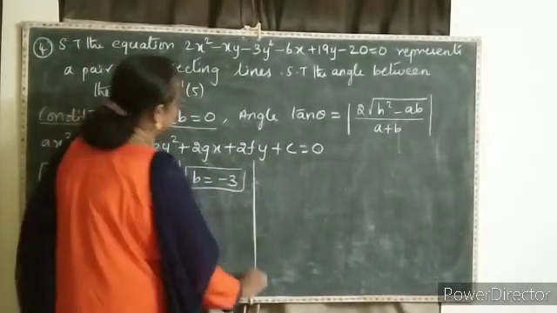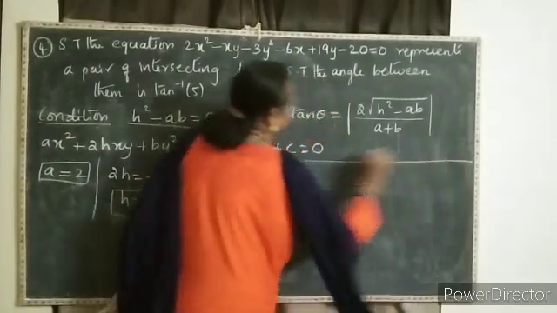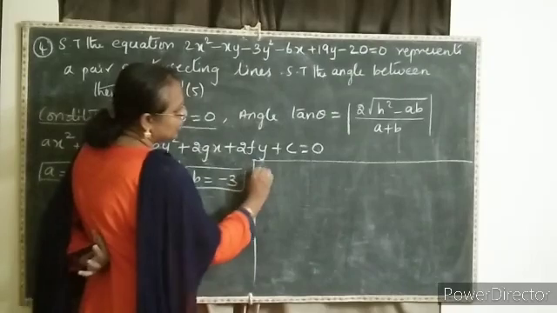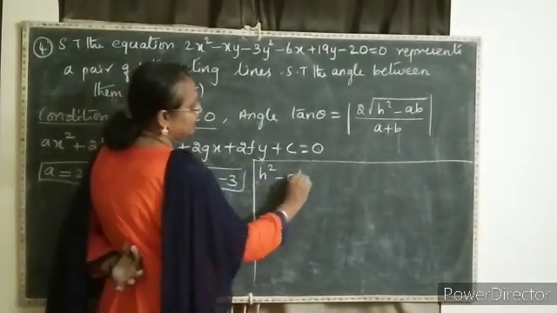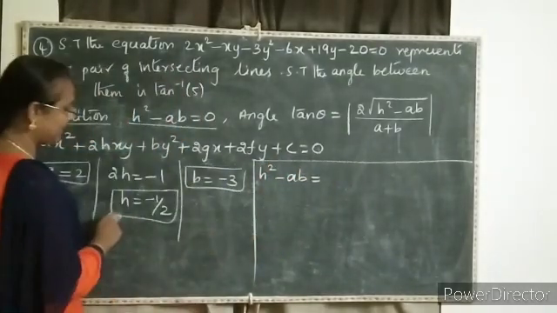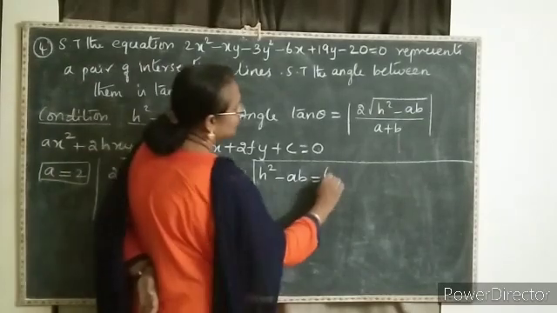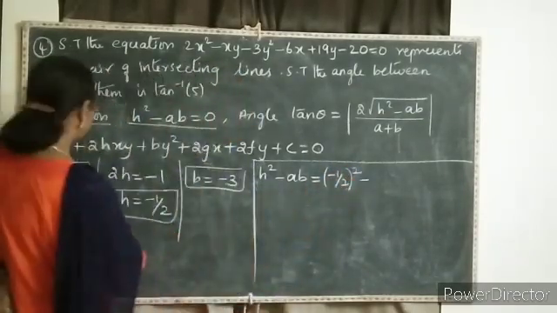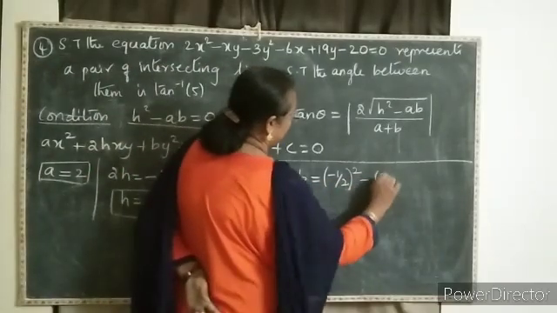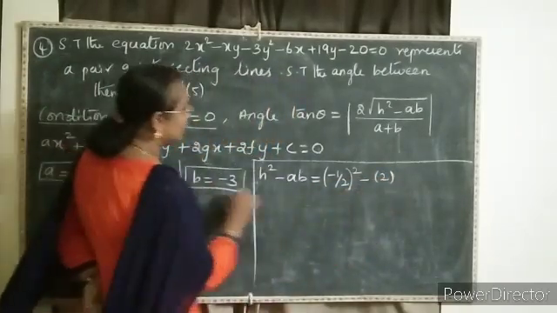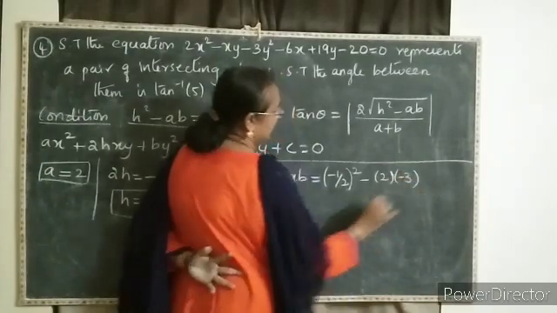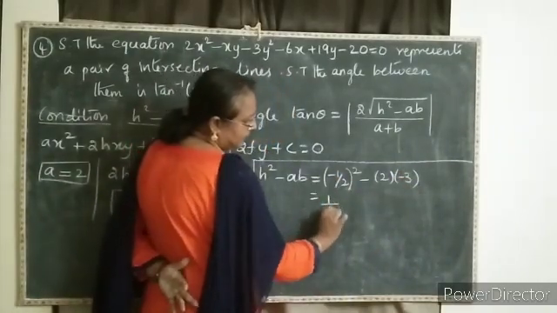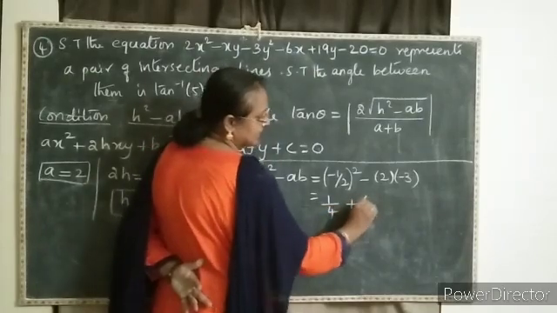So let us check the condition now. We are going to check the condition h squared minus ab equal to 0. So h squared minus ab will be equal to minus 1 by 2 the whole squared minus a into b, that is 2 into minus 3. So I get minus 1 by 2 the whole squared is 1 by 4 plus 6.